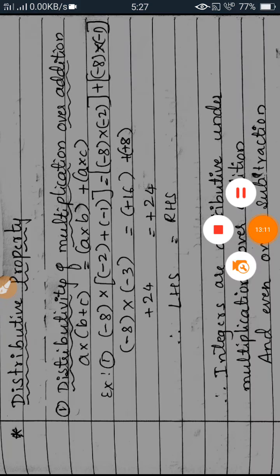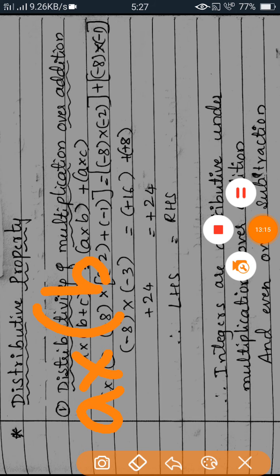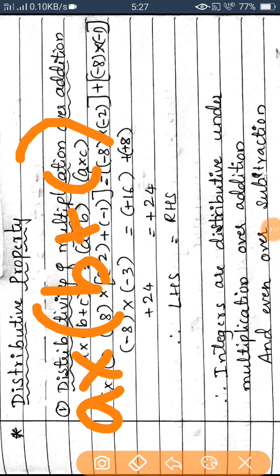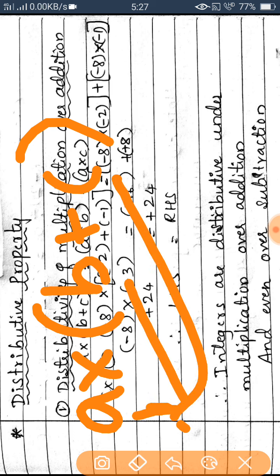In the bracket you can choose any operation, addition or subtraction, both come with the same answer. That is called distributing. What are we distributing? See, A into B plus C. If you take the example, this A we are distributing to the B and C. That is called a distributive.